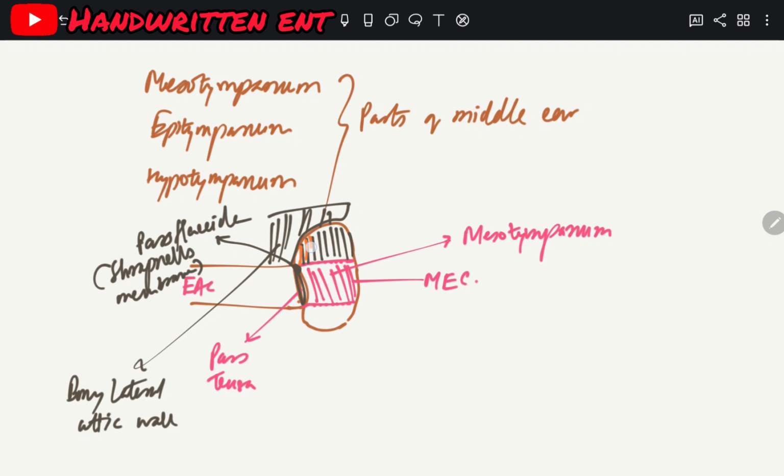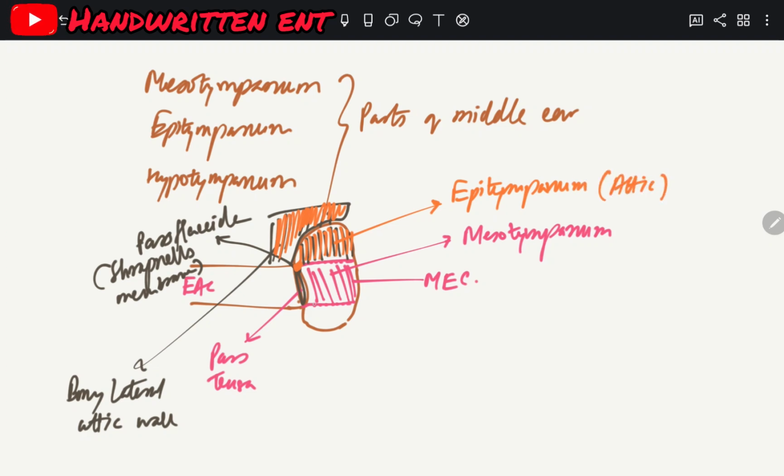So the portion of the middle ear which lies above the level of the pars tensa and is medial to the Shrapnell's membrane and the bony lateral attic wall is known as epitympanum or attic.